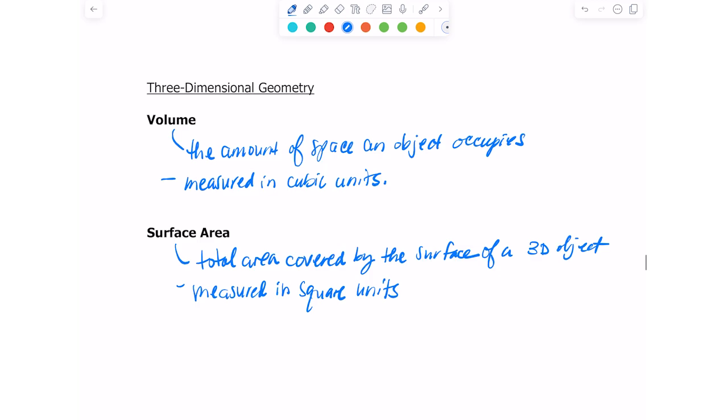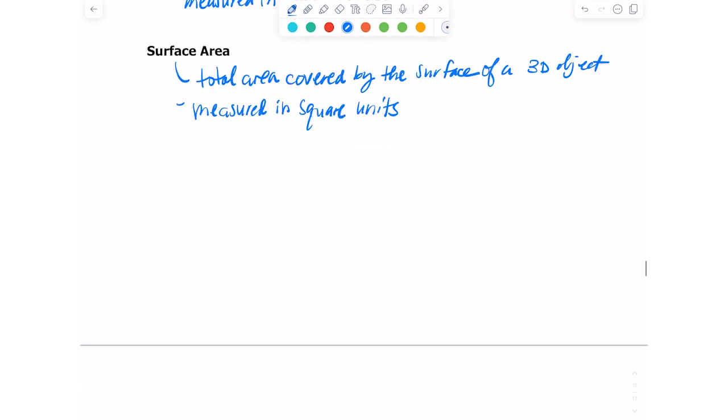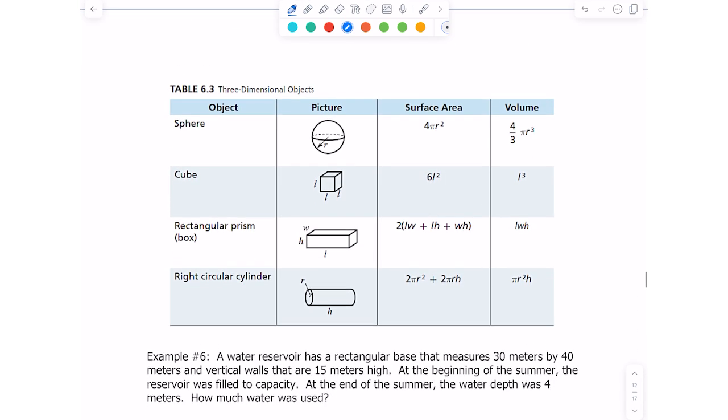Okay, now that we know what volume and surface area are, let's take a look at a couple problems. Here's some formulas that might be helpful to you as you go along. We have a sphere, which is a three-dimensional object. The formula for surface area is 4 times pi times radius squared, and to find the volume, it's 4/3 times pi times radius cubed. For a cube, we have a three-dimensional, like a box.